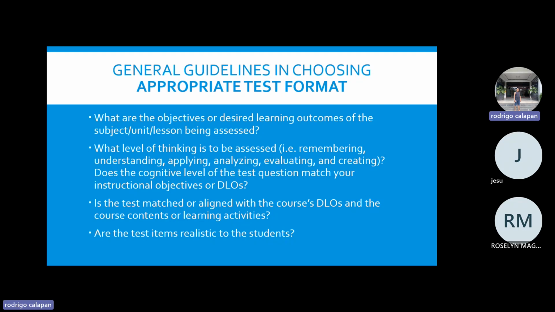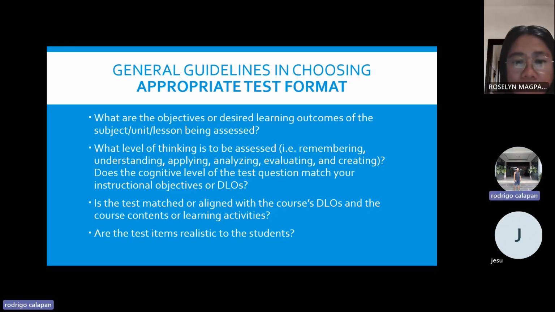A multiple choice test may be used, but only if you intend to assess learners' ability to recognize what is ethical versus unethical decision-making practice. In the same manner, matching type items may be appropriate if you want to know whether the students can differentiate and match the different approaches to the definitions of the concepts.